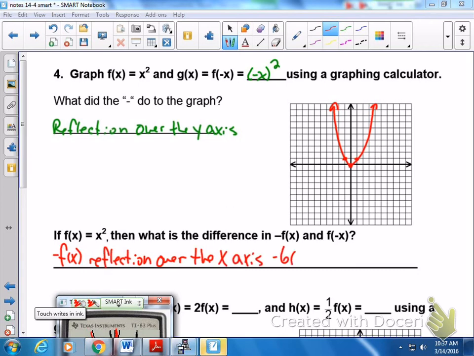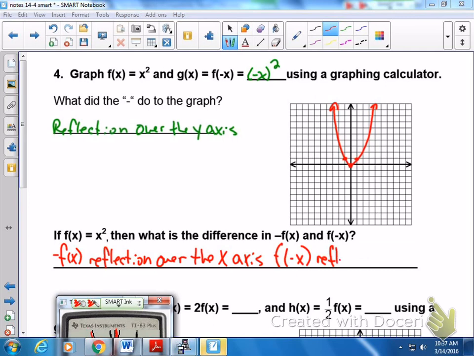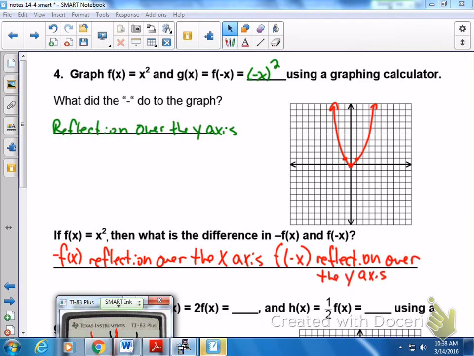Sorry, guys. How about f of negative x is a reflection over the y-axis. And there you go. So just keep that one in mind.